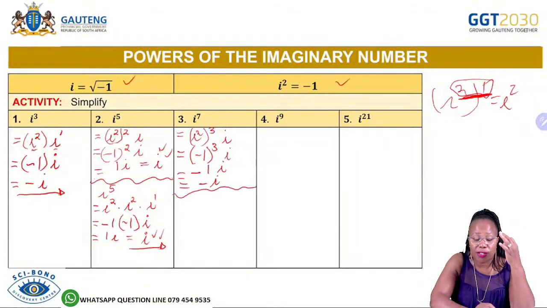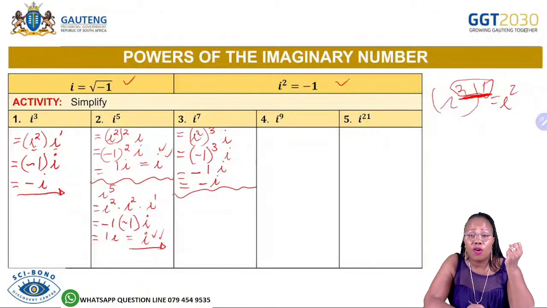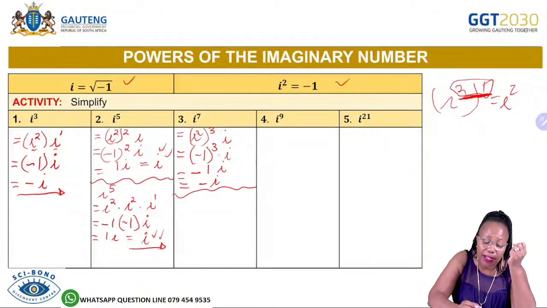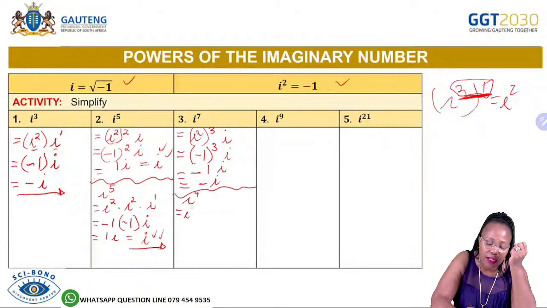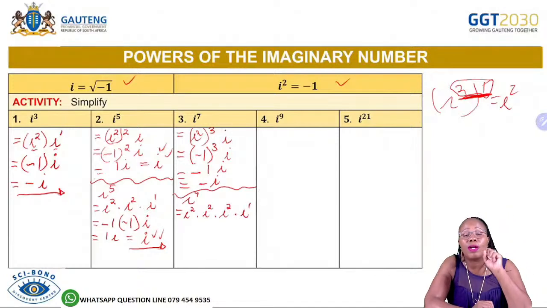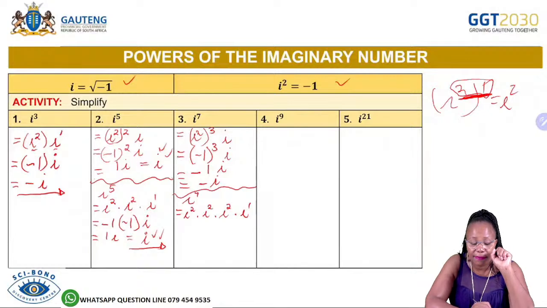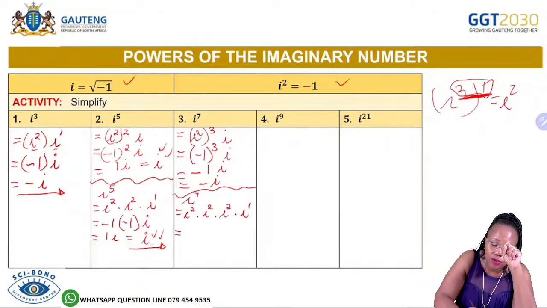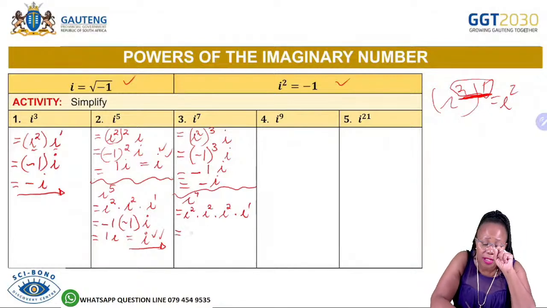Okay, I hope we are still together. And then now alternatively, we can break this i to the power 7 into an i squared, another i squared, another i squared. So this is giving us 6. So we are going to add the last one as i to the power 1 so that we can have a 7. And then now we have i squared. We can now substitute with the negative 1.